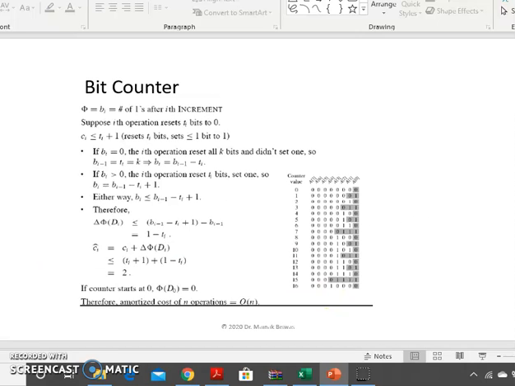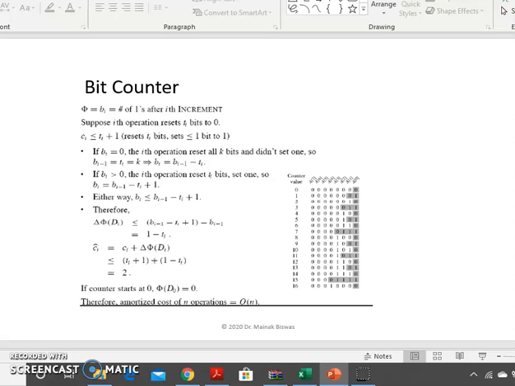So finally we come across the bit counter, where the potential is the number of ones after the ith increment.